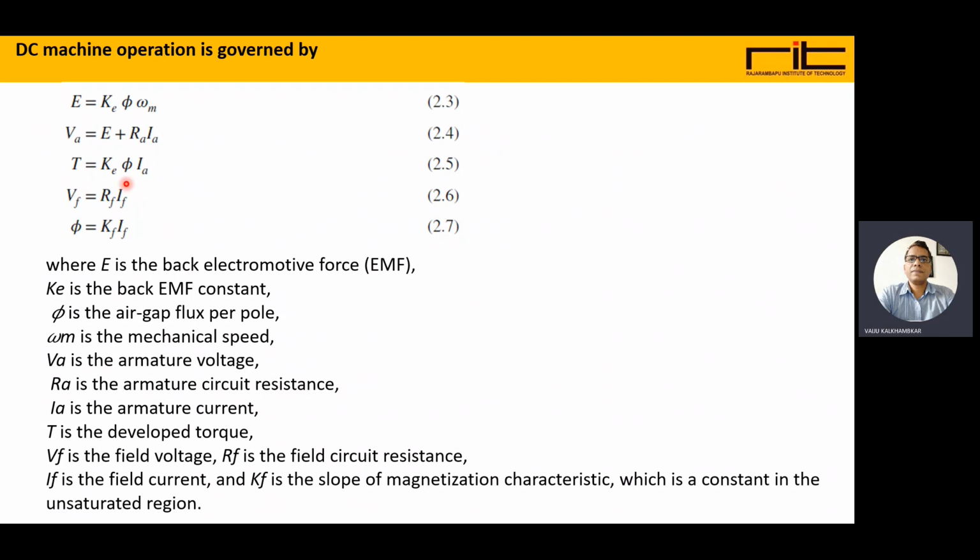Torque is proportional to flux into the armature current. Field voltage, Vf, is the field current into the field resistance drop. Then flux is proportional to field current. The magnitude of the field current will decide the flux.